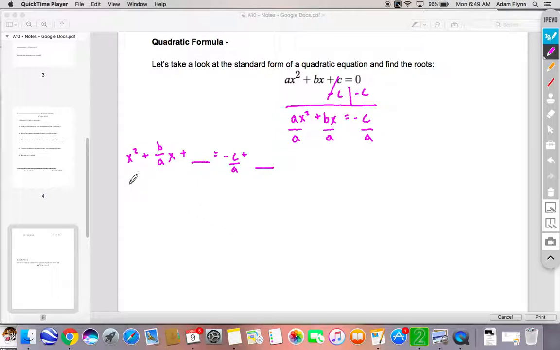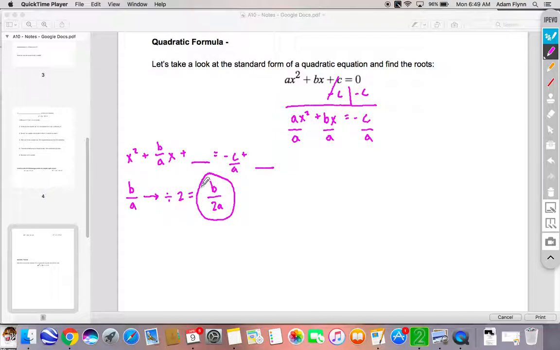Okay, so now I'll take my b over a and divide it by 2, which is the same thing as multiplying by 1/2. Okay, and that gets me b over 2a, which I know now is my magic number.